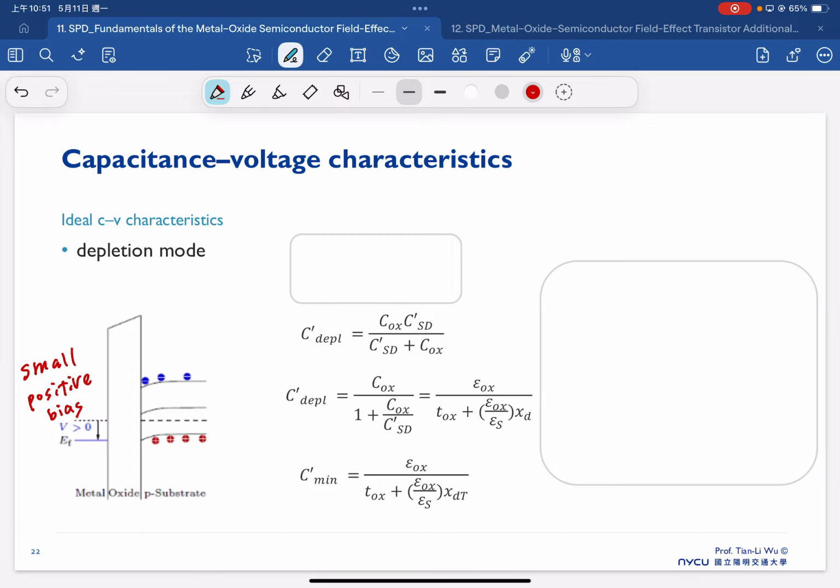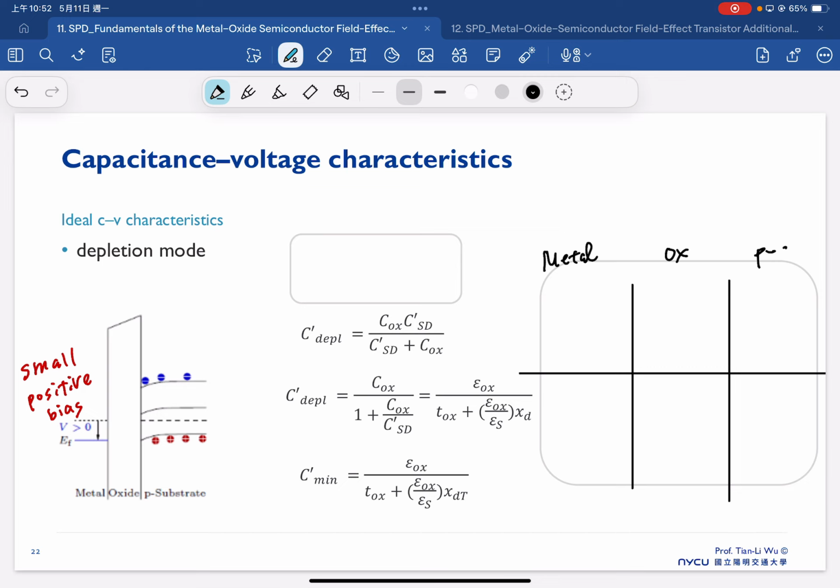With this small positive bias, let's look again at our charge distributions. We have a metal, an oxide, and a P-type substrate here. Now we give a small positive bias.